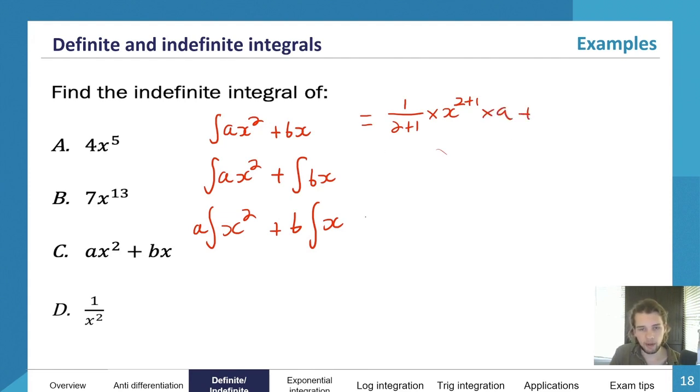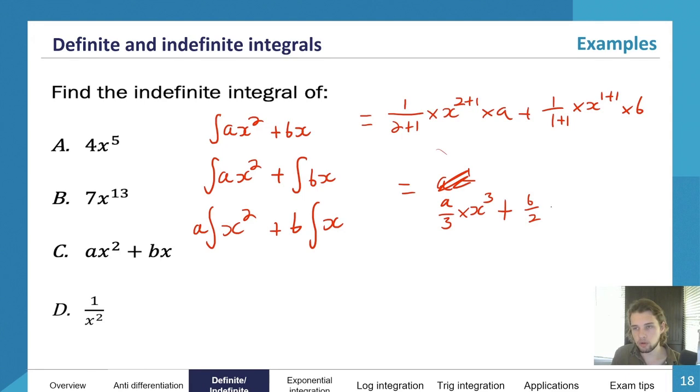And then we have to add our second term here. So that is 1 over 1 plus 1 multiplied by x, 1 plus 1 as the power there, and then all multiplied by b. So that should be equal to a on 3 times x cubed plus b on 2 times x to the power of 2.